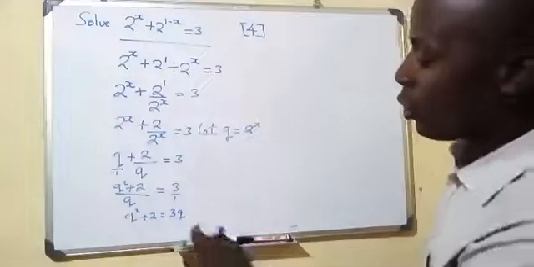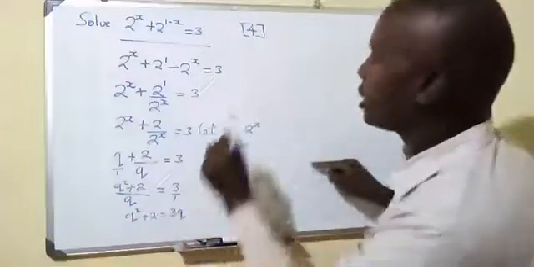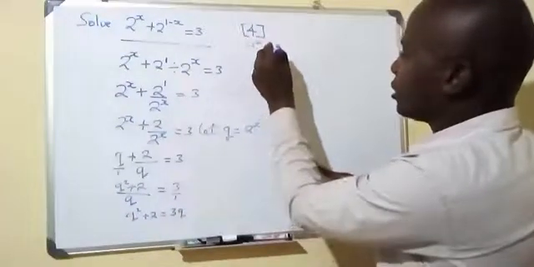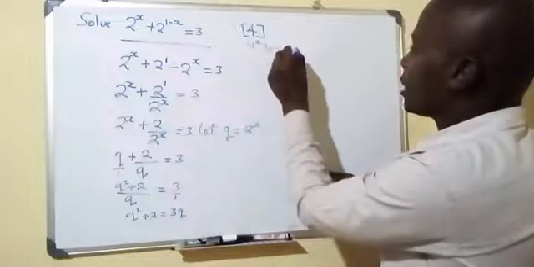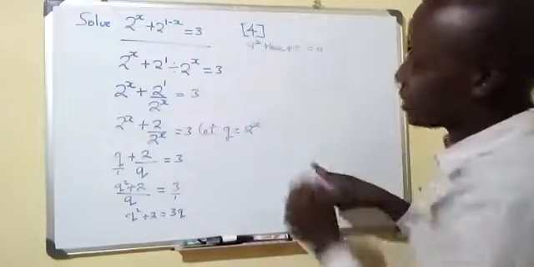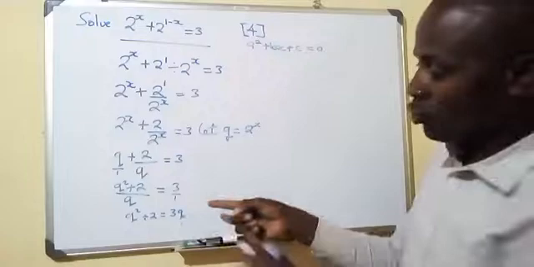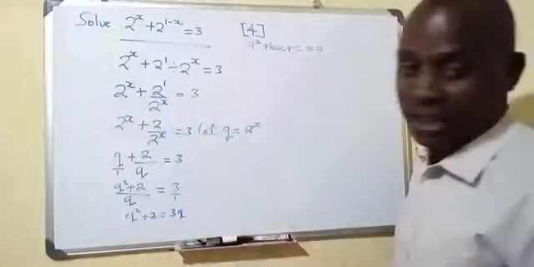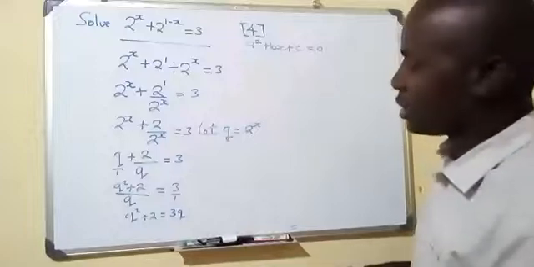So now we write this equation into the form of a quadratic equation, which is always like this. This means that I have to move 3q to the other side, hence it will change the sign.